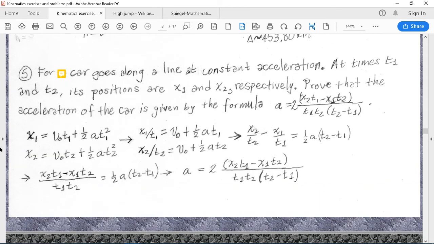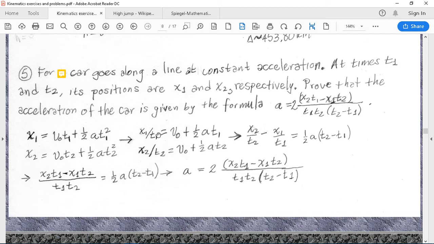Okay, so we use the formulas for the position in the case of constant acceleration. x1 equals v0 t1 plus 1/2 of a t1 squared, and x2 equals v0 t2 plus 1/2 of a t2 squared.